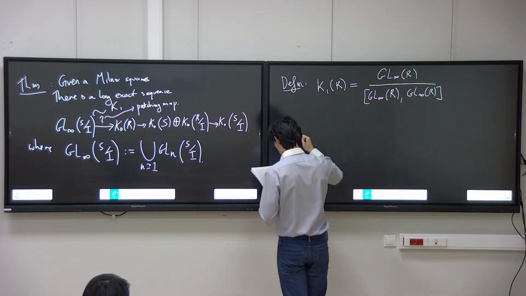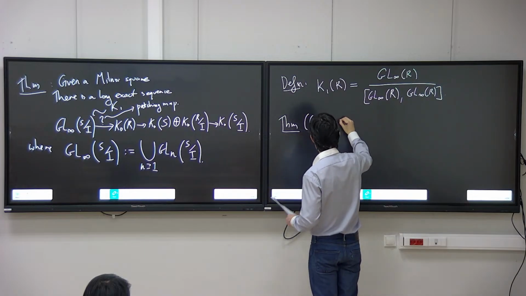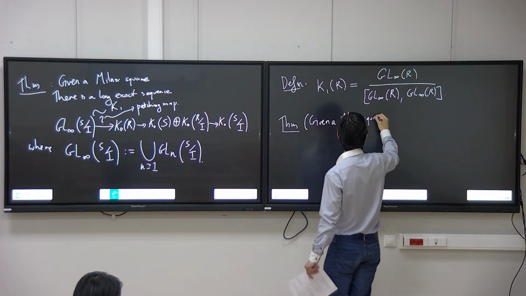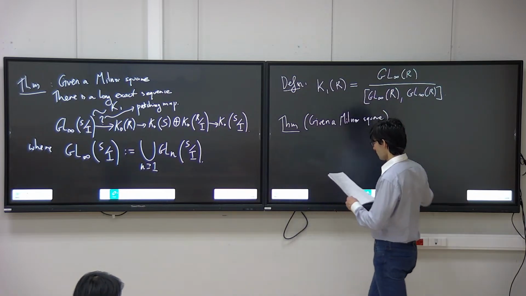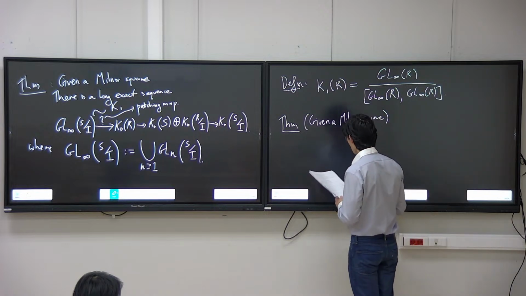So theorem, given a Milnor square. So think of a Milnor square as a baby kind of cover living in some big site, which we don't know yet.